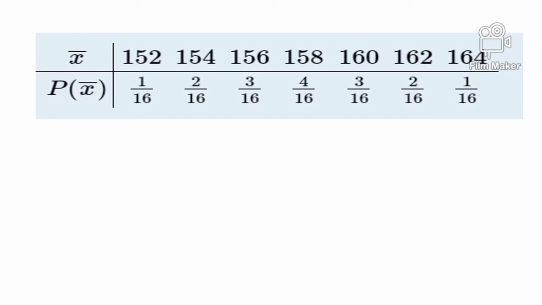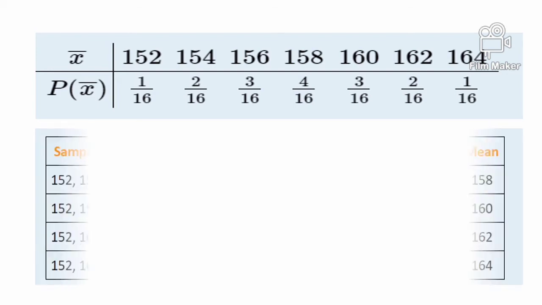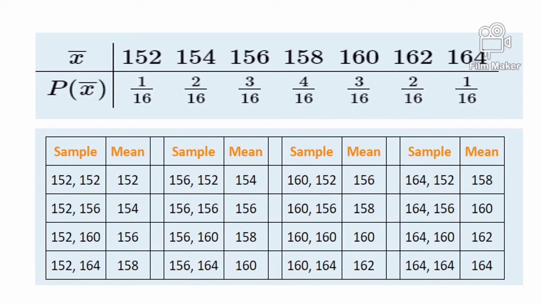So we have 152, 154, 156, 158, 160, 162, and 164. Look at the sample mean. So therefore, if I have 152 here, how many 152 here in all the mean? We have only one. That's why 1/16. 154. 1 and 2.